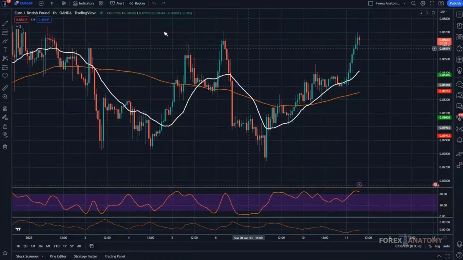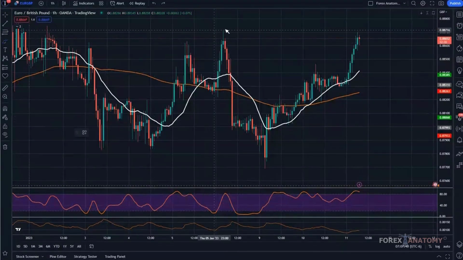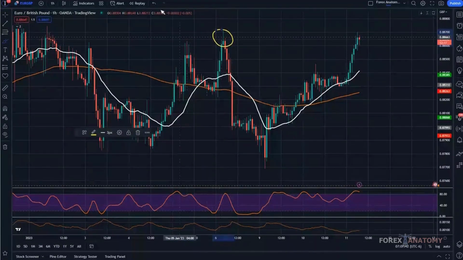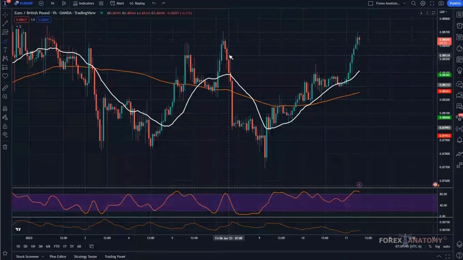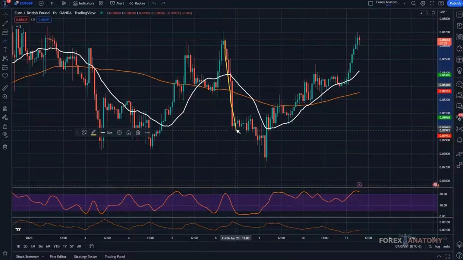However, if you look to the left, we can see that price is testing an area of resistance or supply. You can see this on multiple time frames. We have to be careful because the last time price came to this area, we saw a strong sell-off to the downside.